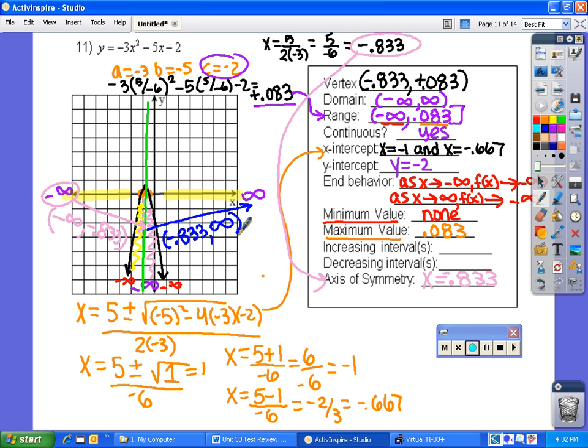Now one of them is my increasing and one of them is my decreasing. If I erase these arrows, this graph is going up. So this is my increasing interval. And if I erase these arrows, the arrow's coming down, so that's decreasing. So this is my decreasing interval.